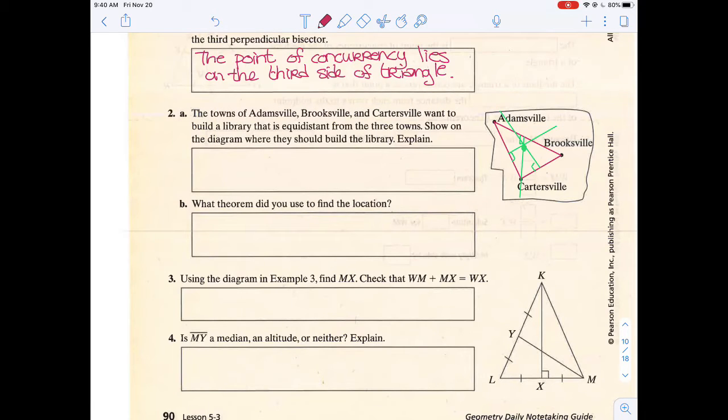Now, why did we put the library there? Because perpendicular bisectors of each side meet at a point equidistant from the vertices or the towns.